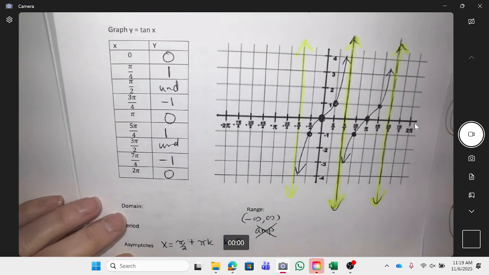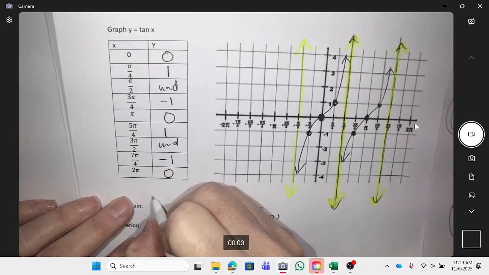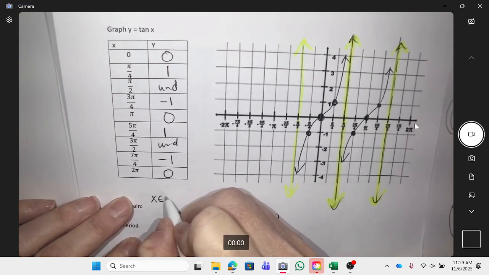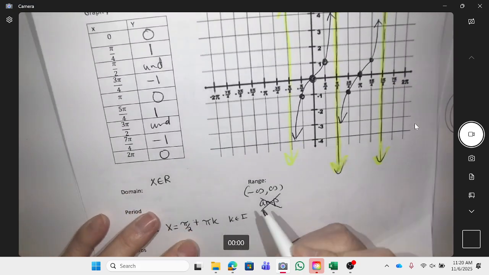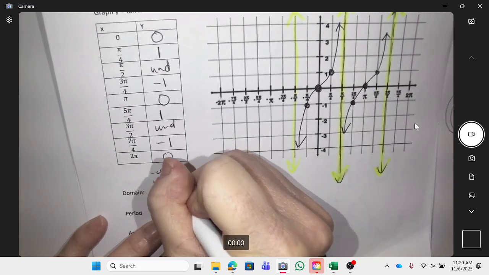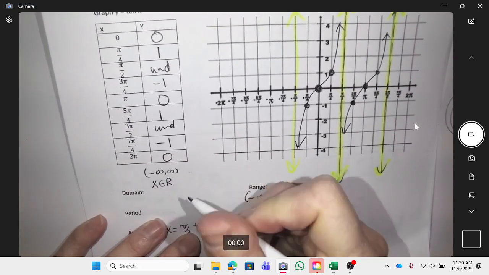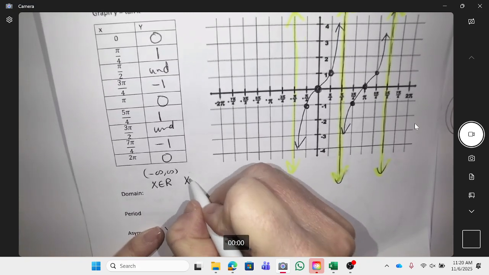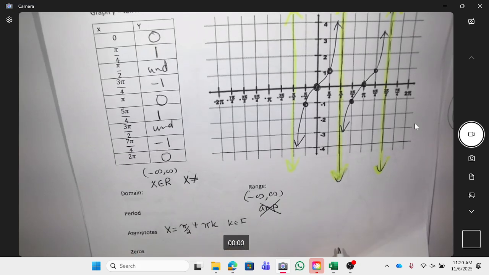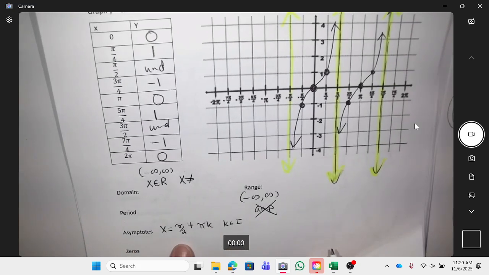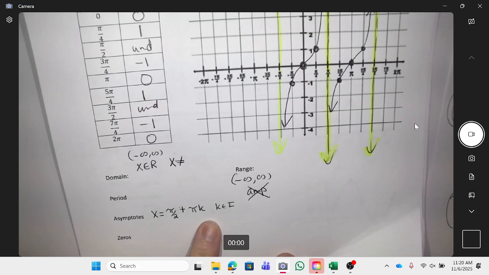Okay, so our domain is, I'm going to go x can be anything, or you could do negative infinity to positive infinity, except for the asymptotes. You can't hit the asymptotes, so we're going to just take the asymptotes.